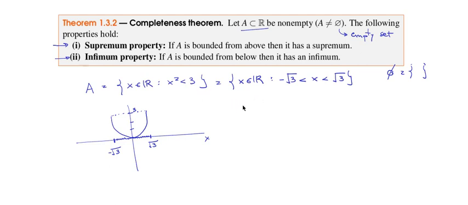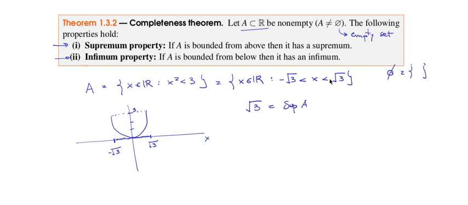Okay, so the upper bounds for this are 10, 100, whatever. But square root of 3 is an upper bound of A, and actually this is the supremum of A, because there can be no smaller bound.